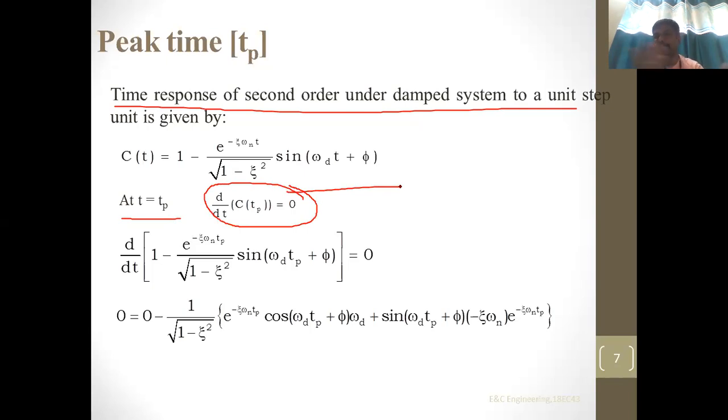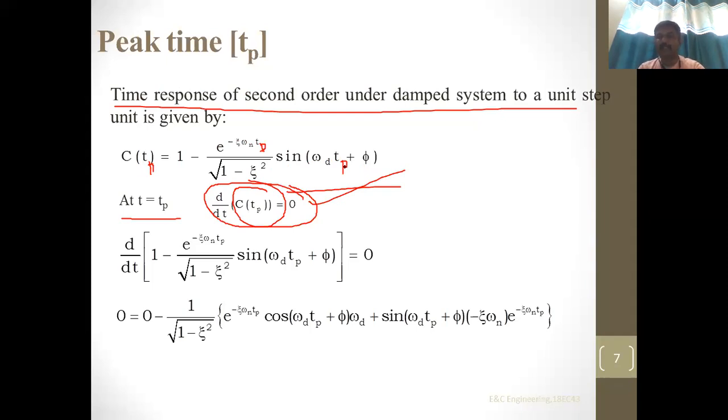Maximum value, how do I find? Through the maxima relation. What is that maxima relation? It says the first order derivative of C of tp should be equated to 0. Is it okay? Now how about the value of C of tp? For C of tp, I need to replace t with tp. C of tp becomes 1 minus e power minus xi omega n tp divided by root of 1 minus xi square into sine of omega d tp plus phi.